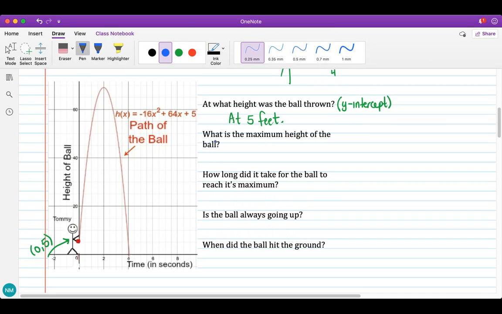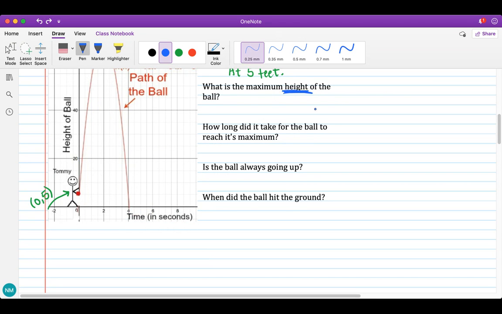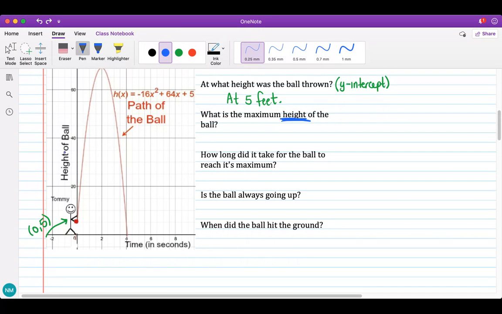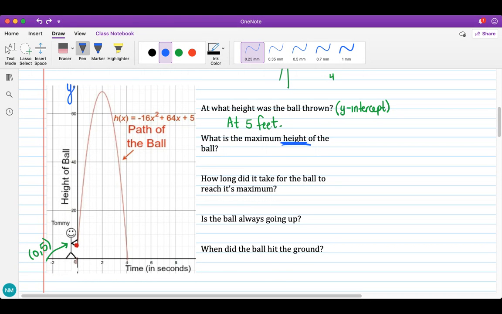Okay, next. What is the maximum height of the ball? So again, maximum height. Which variable is height? Is x height or is y height? Well, y is going to be height, right? Here's height, and this is on my y-axis, right?